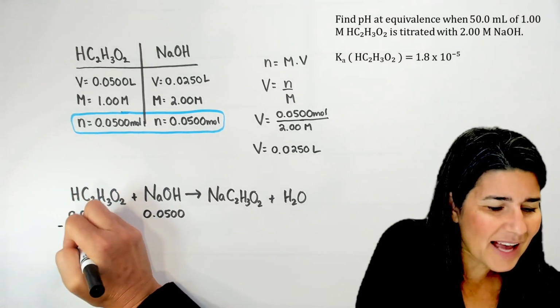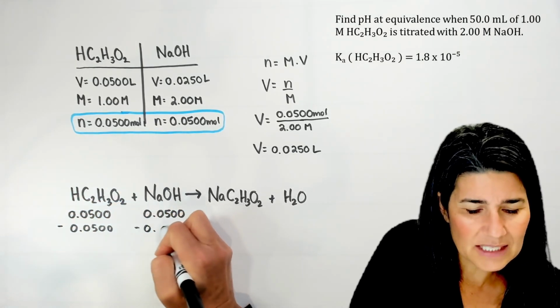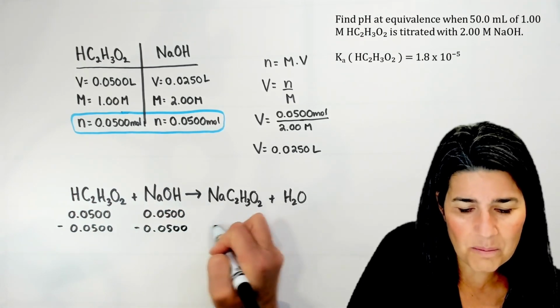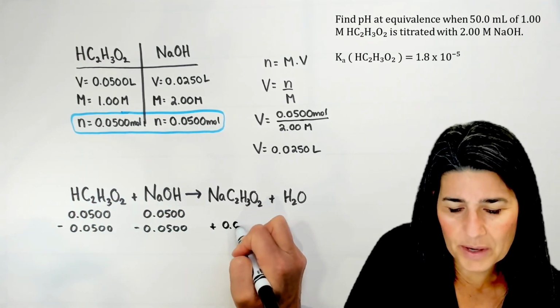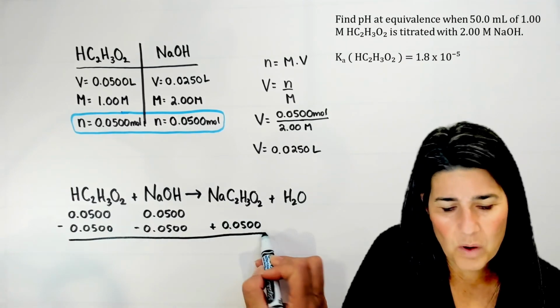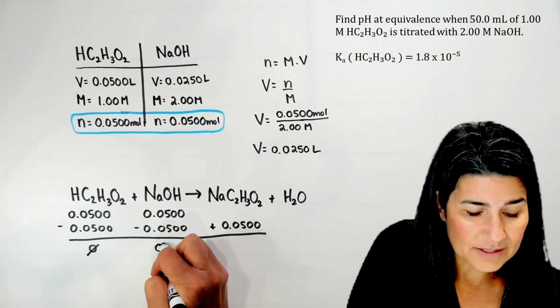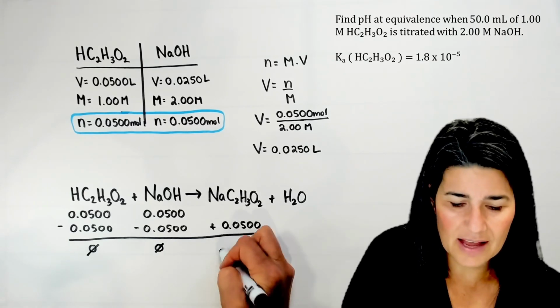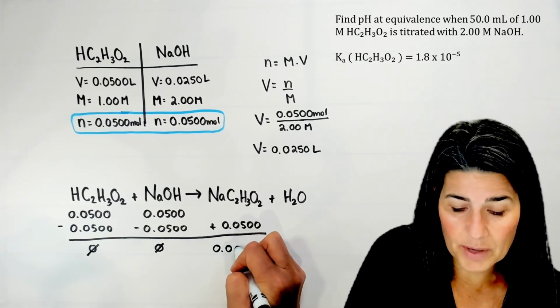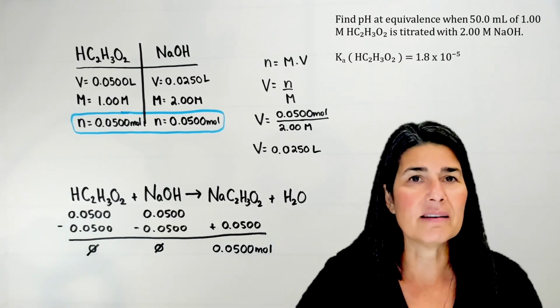So I'm going to subtract 0.0500 moles. I'm going to subtract 0.0500 moles. I'm going to add 0.0500 moles. Now, what is left over? We don't have any acetic acid. We don't have any sodium hydroxide, but we do have 0.0500 moles of sodium acetate.